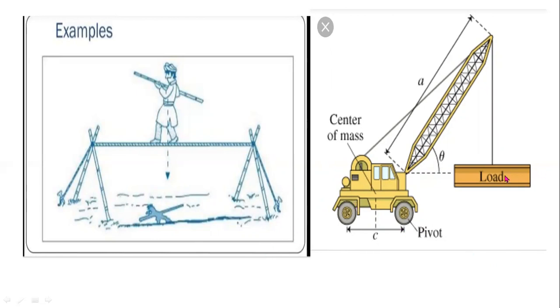Here you can observe, to lift this load, we are using a crane. For balancing this load, the centroid or center of mass of this machine is very important for stabilizing the equipment.